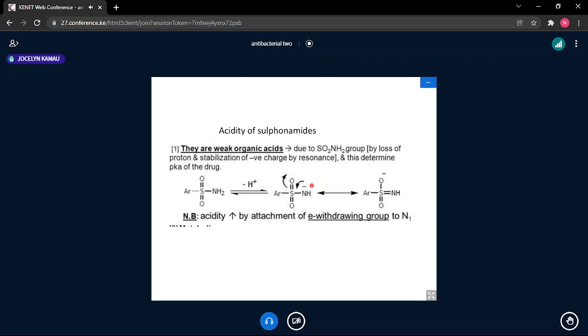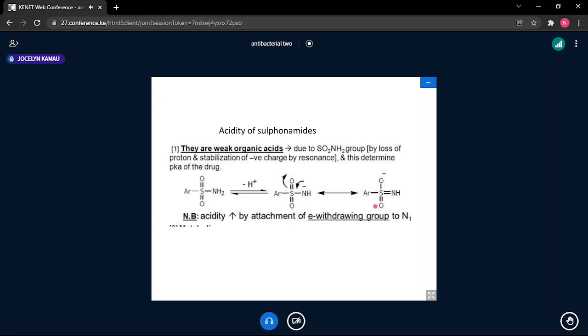But through resonance from the anion charge that is formed, and through resonance of the electrons that are found on the lone pairs of electrons, this charge is stabilized. And once the charge is stabilized, then you have this anion being stable. You see the stability of this anion. So you can see the negative charge was here initially, now it is here. This can also go in, this can also go in, and that goes out.